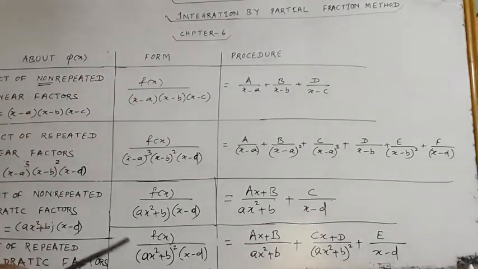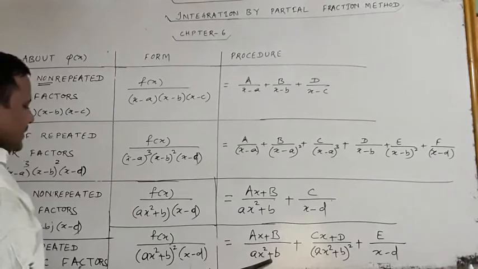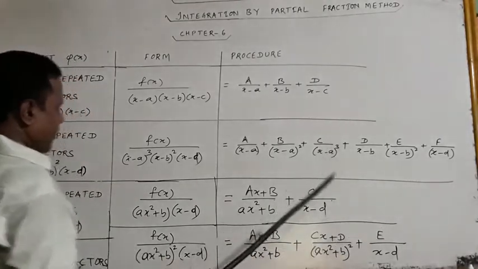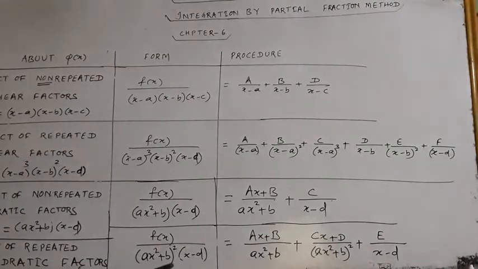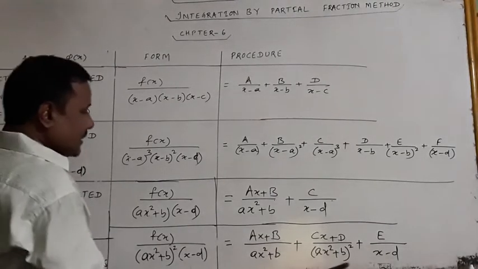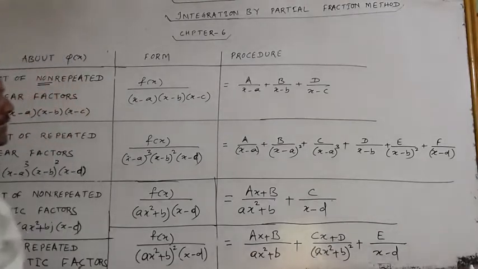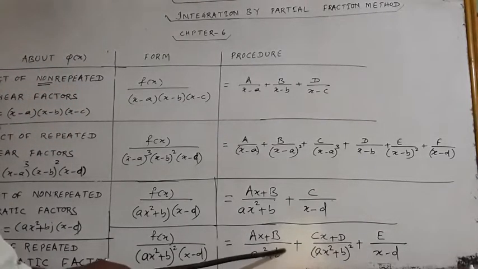Similarly here, ax² + b is in the denominator part, not the numerator part. This is the denominator: ax² + b, again (ax² + b)², again x − d.